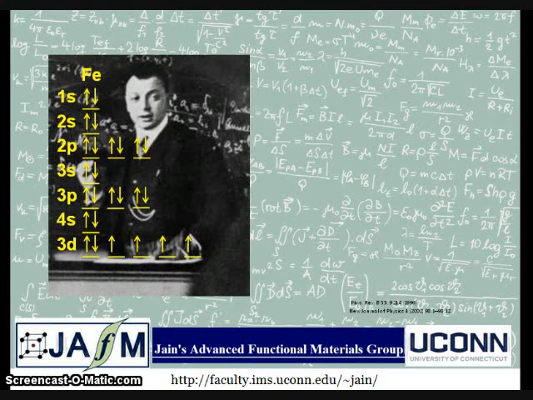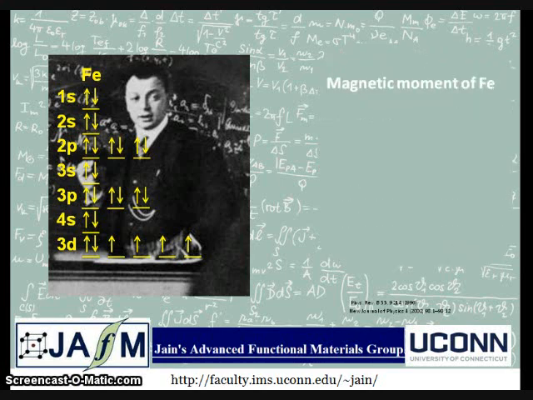And that's what those arrows were when we were filling up the electronic configuration of iron. Now, if you go back to your calculation and you run it just considering the unpaired spins in the electronic configuration, you find you get 2.25, and that's a lot closer to the 2.2 we've actually measured.